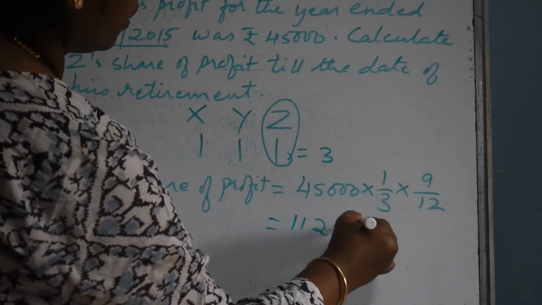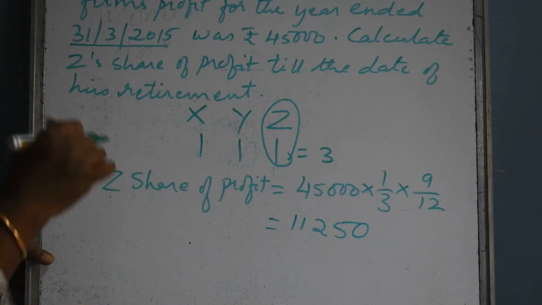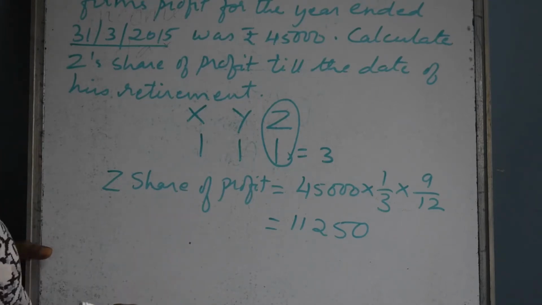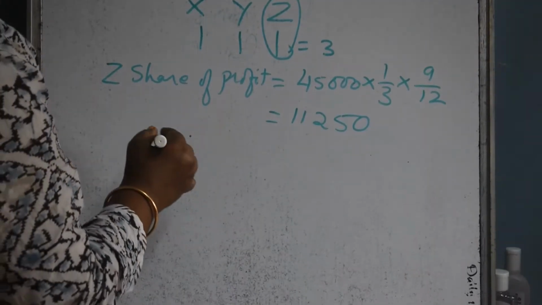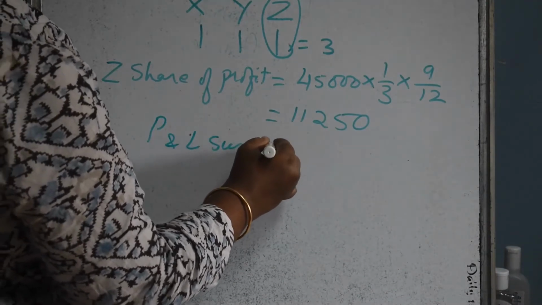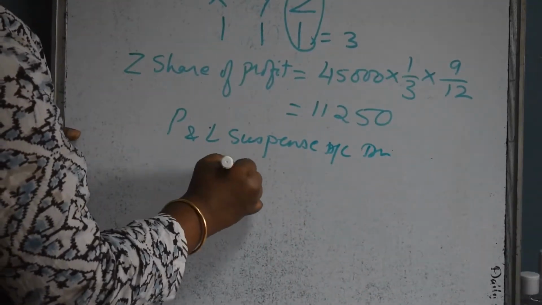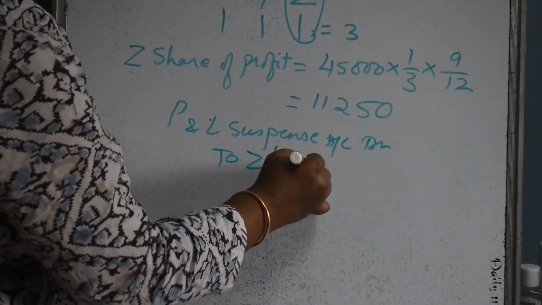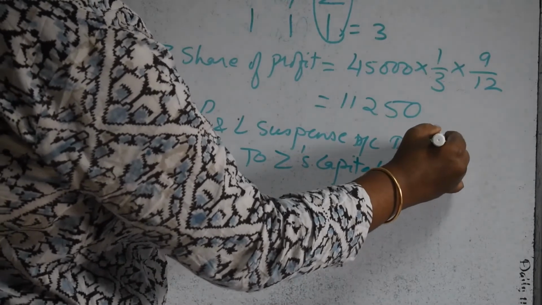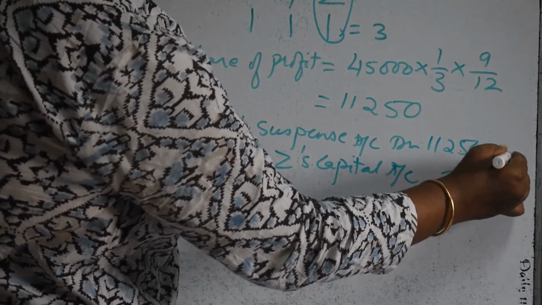and the answer comes to 11,250. Now what about the journal entry which will come in the partner's capital account and balance sheet? You have to pass a journal entry for this: debit profit and loss suspense account to Z's capital account, 11,250.